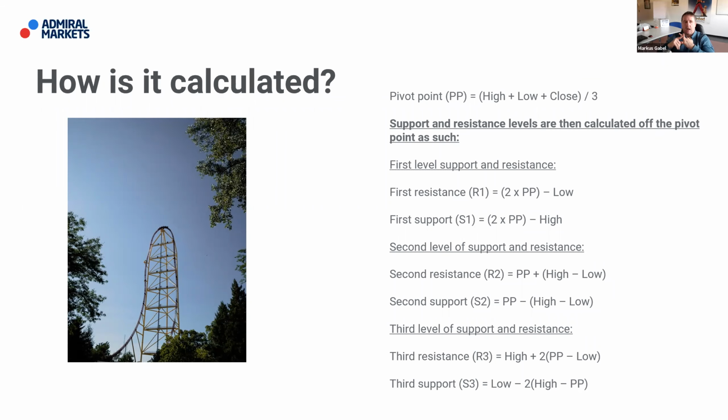This is the pivot point from the previous day. R1 is 2 times pivot point minus low. The first support is 2 times pivot point minus high, and so on. I only wanted to show you this to complete the calculation.